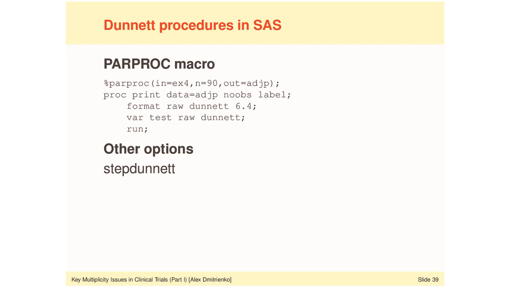This macro, as I pointed out earlier, also supports the step-down Dunnett procedure, and the variable name in the adjusted p dataset, which corresponds to the adjusted p-values based on the step-down Dunnett procedure, is stepdunnett. This variable name is shown at the bottom of the slide.